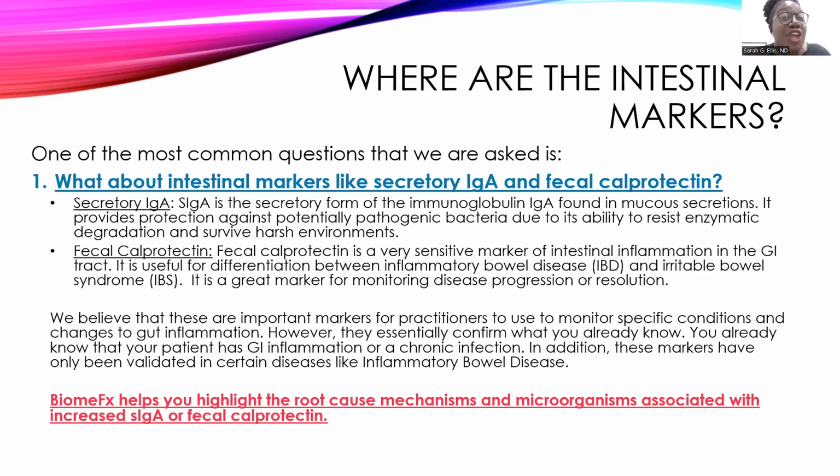But essentially, they already confirm what you know. So it tells you that you already know that your patient has inflammation in the gastrointestinal tract. And you already know that they're likely dealing with some sort of chronic infection. Whereas BiomeFx helps you highlight the root cause mechanisms and microorganisms that are associated with the changes in secretory IgA and fecal calprotectin.